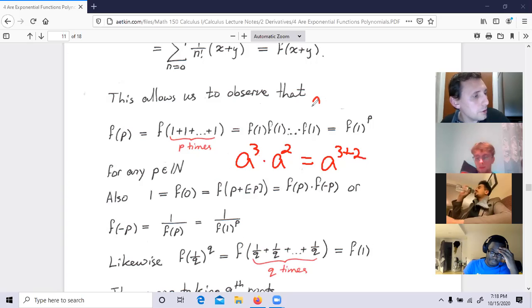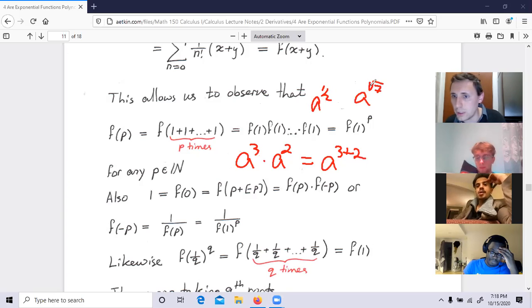But when the power is something like a fraction, let's say 1/2, it's no longer obvious what this is supposed to mean. It's even less obvious if you're raising a to the power of root 7, for example. What is it that you're doing here?